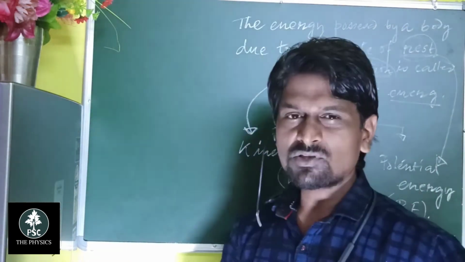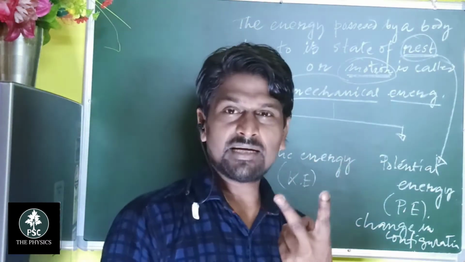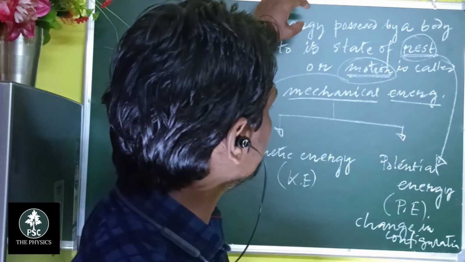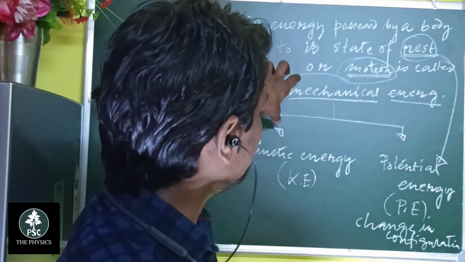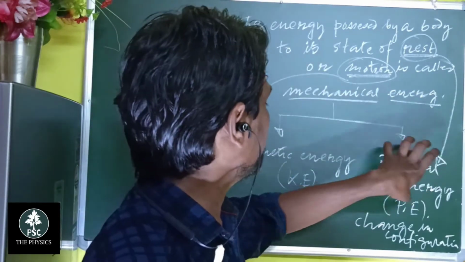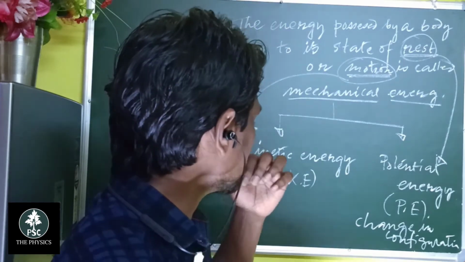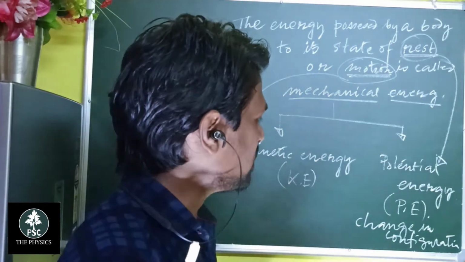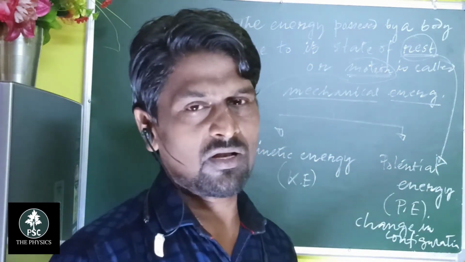So first of all, students, you have to write three definitions. The first question is, what is mechanical energy? The second is, what are the different forms of mechanical energy? And you can also write: define kinetic energy or define potential energy, and give an example for each.